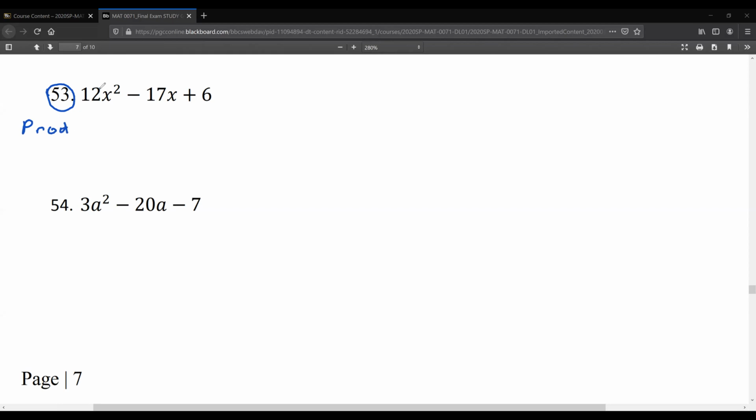When you look here, you have to multiply your A times C. So your product here is going to be 12 times 6, and 12 times 6 is 72. And then your sum is always going to be the middle term, which is negative 17.